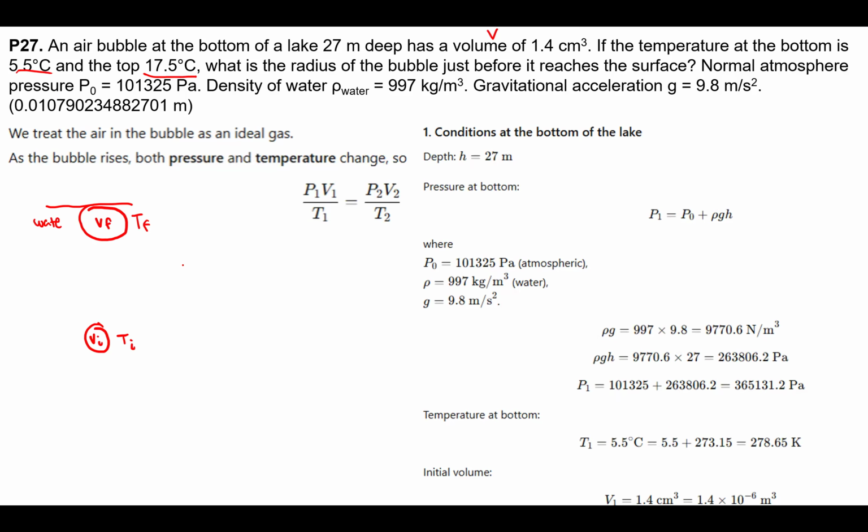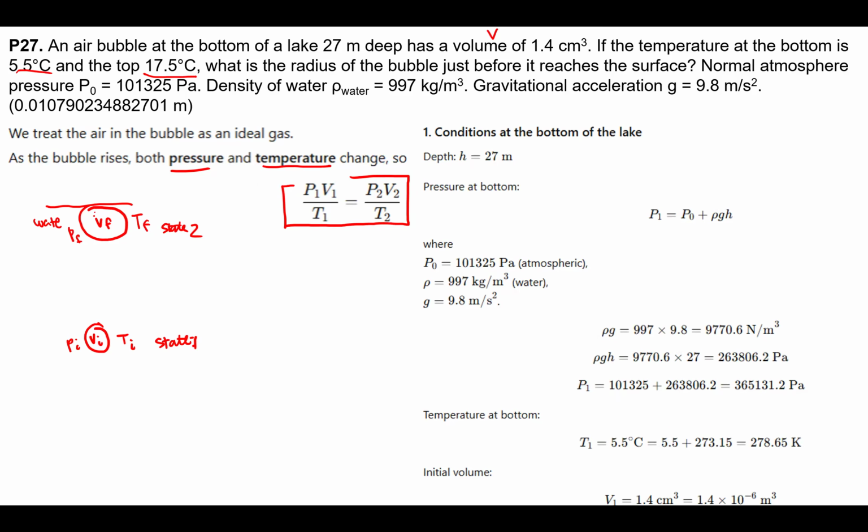Okay. And then we note that as the bubble rises, both pressure and temperature change. So P, V, T, and those things, let's say this is state 2 and state 1. And if it is an ideal gas, we have this relationship.